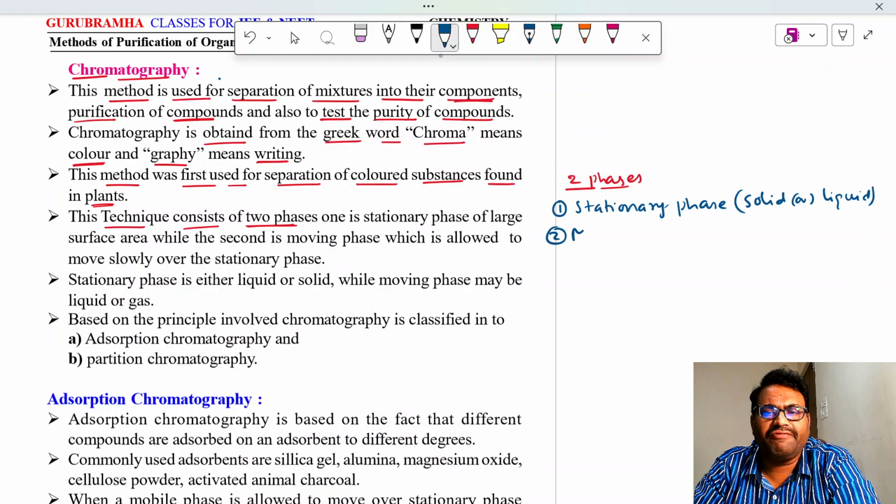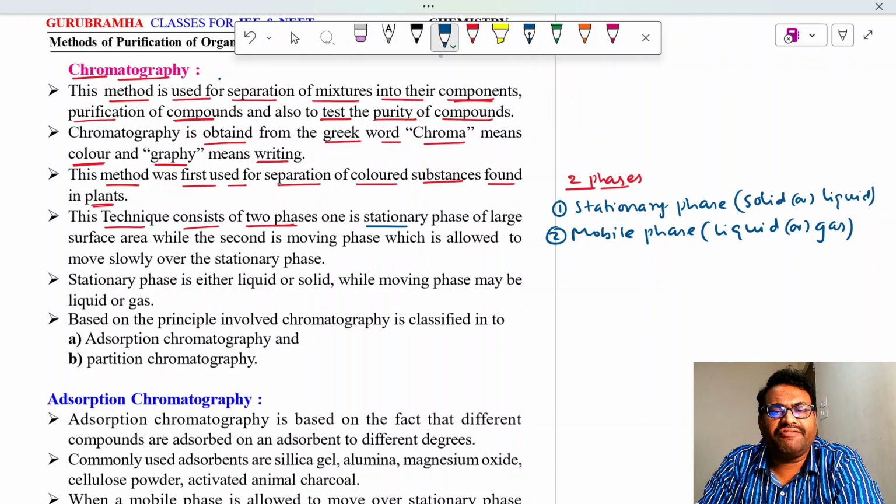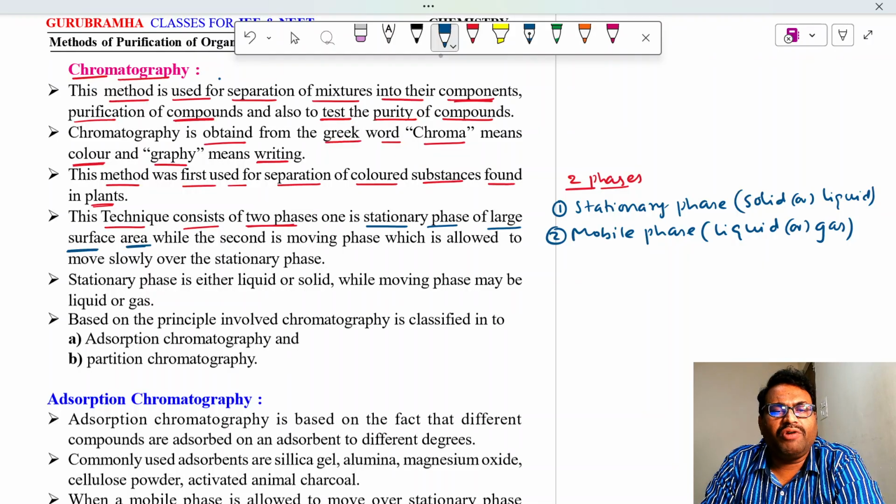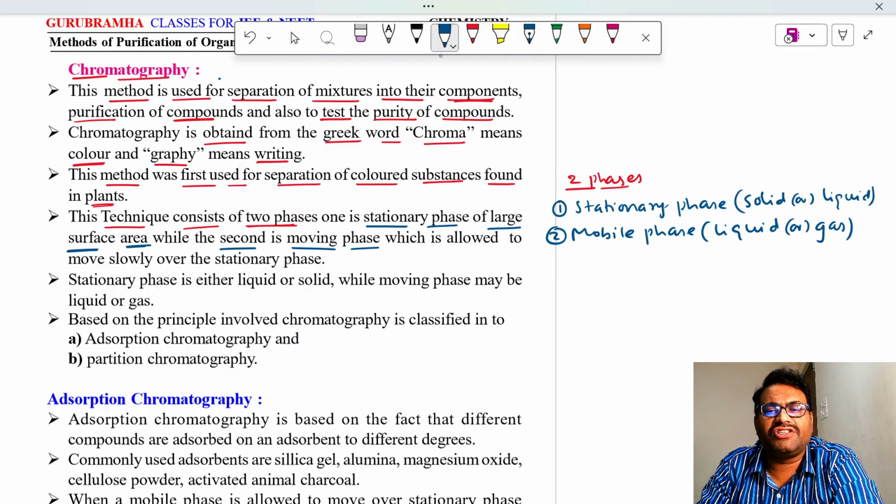The second one is the mobile phase. What is that? Mobile phase. It can be either liquid or gas. So chromatography involves two phases. One is the stationary phase, another is the mobile phase. Here the stationary phase has a large surface area, while the second one is the moving phase, also called mobile.